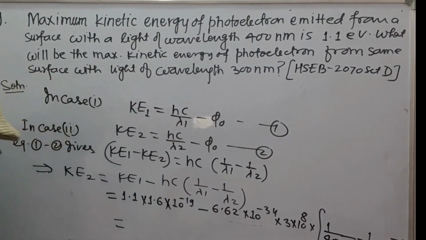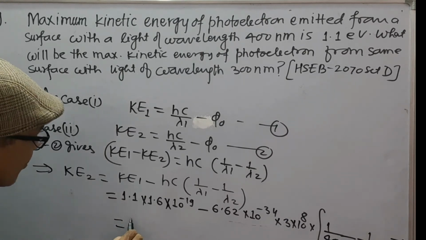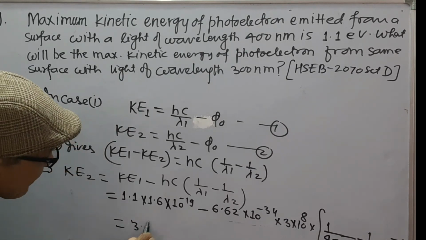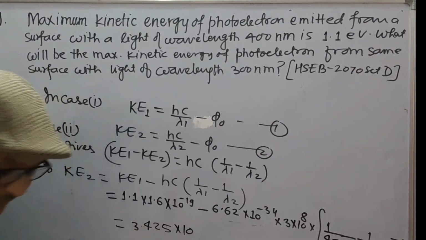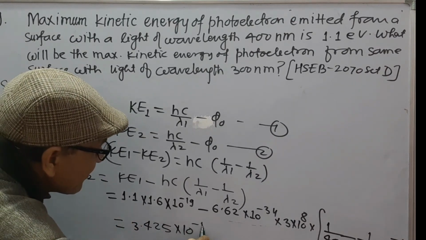On simplification we get Ke2 as 3.425 into 10 to power minus 19 joule.